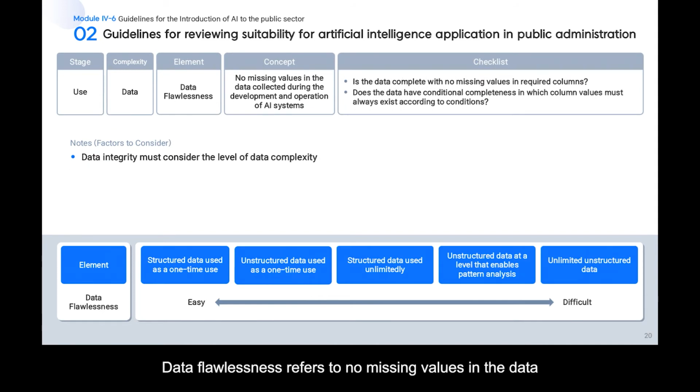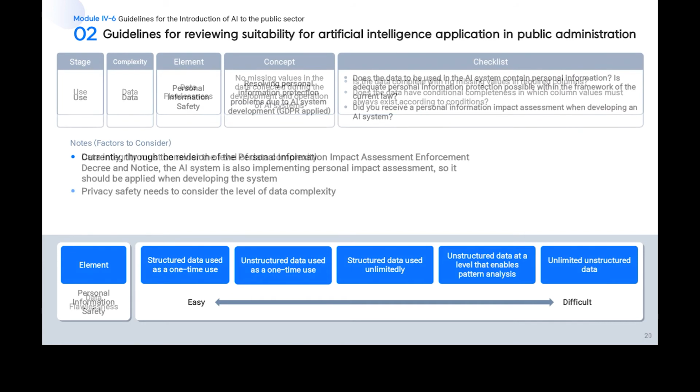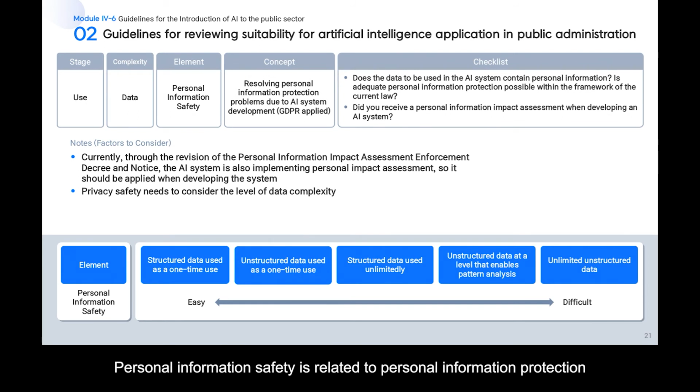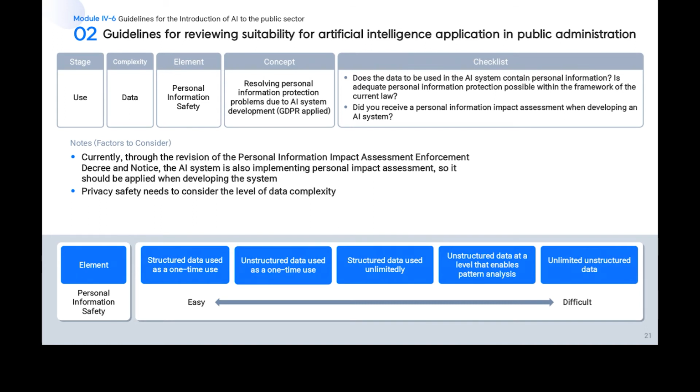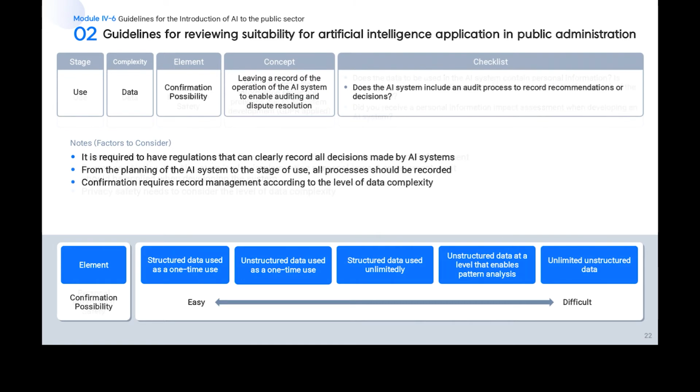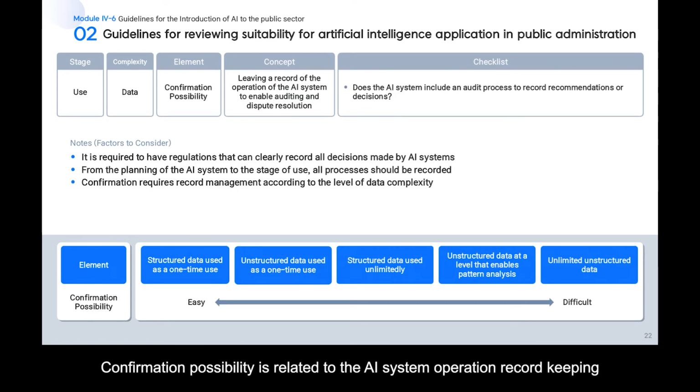Data flawlessness refers to no missing values in the data. Personal information safety is related to personal information protection. Confirmation possibility is related to the AI system operation record keeping.